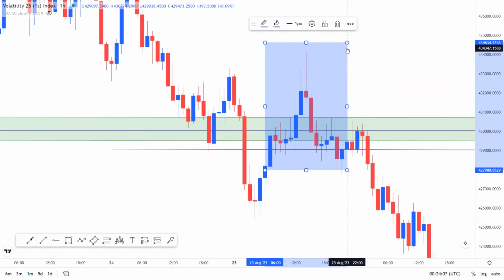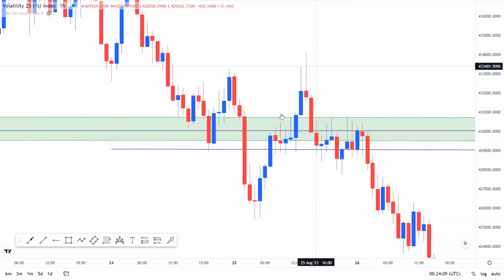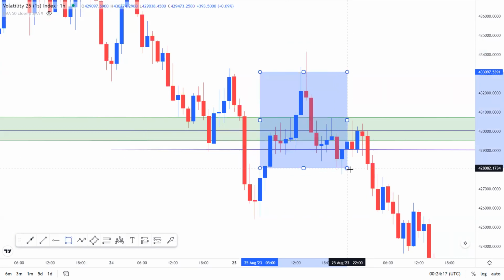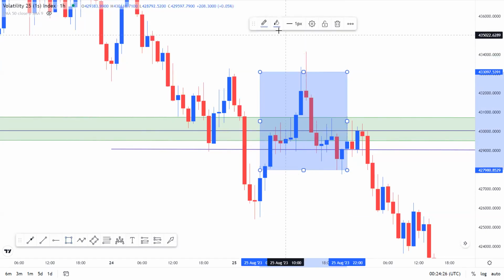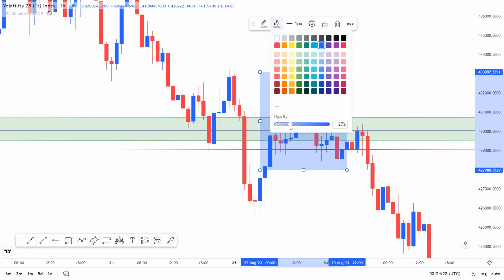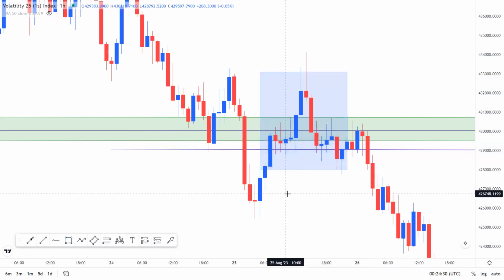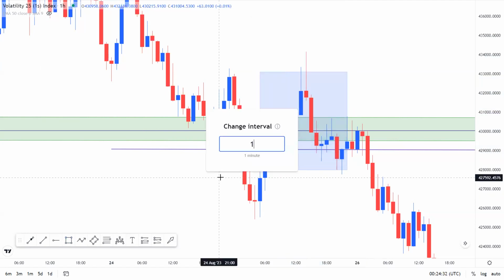And now, if you pay attention to these guys, this is a 1 hourly time frame. Now, pay attention to this level. And then let's take this to the 15 minutes time frame.